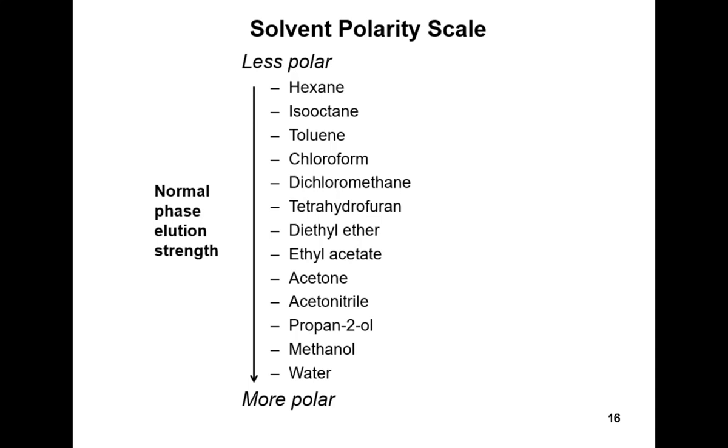You wouldn't really use water as an eluting solvent. It's just going to stick strongly to the silica surface. But any of the others you've got the option to use. And it's just showing the increase in the polarity of the solvents as you go down this list.